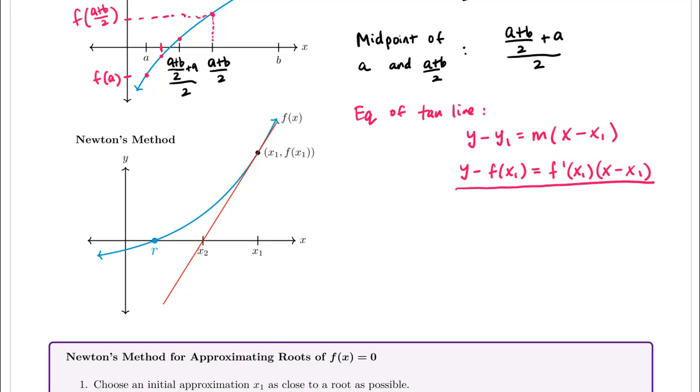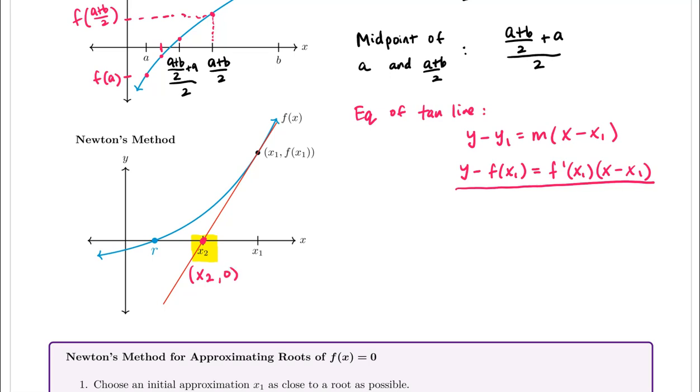And notice also that we are taking into consideration where this tangent line is crossing the x-axis, and we are making note of it. Our tangent line is crossing the x-axis specifically at this point here, and the coordinates of that point we're going to call x2, 0.